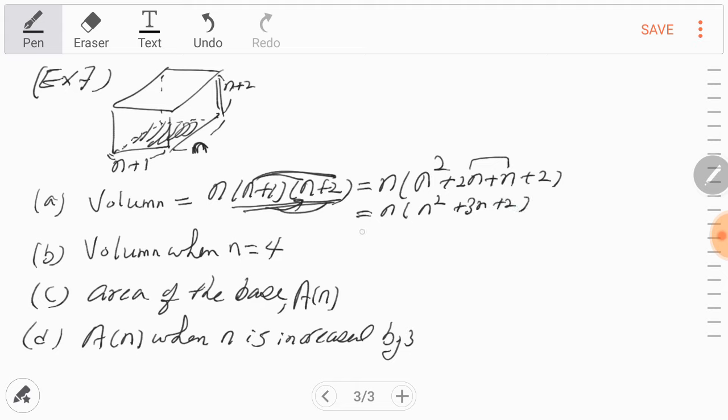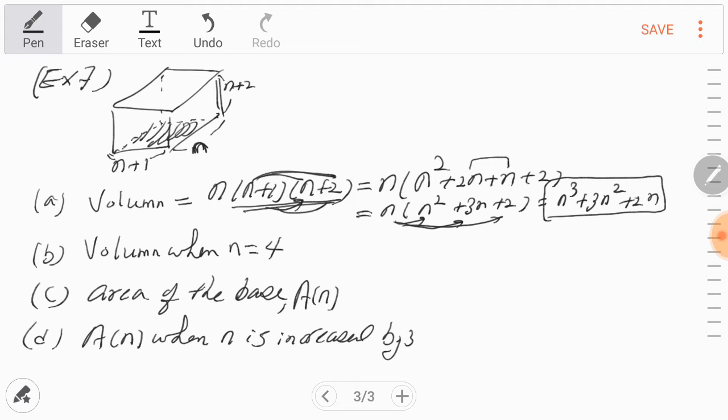Finally, multiply this by n, so n cubed plus 3n times n is 3n squared, 2 times n is 2n. So this is the expression for the volume of this rectangular box.